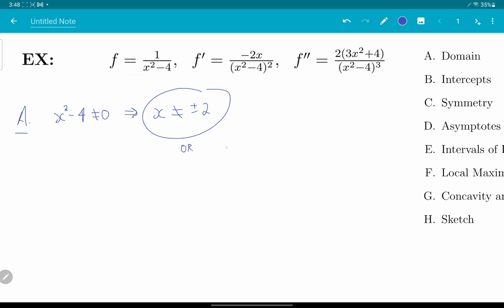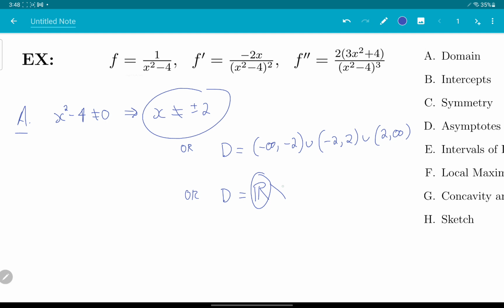Another way would be to use a union notation. So domain is equal to minus infinity to minus 2, union, minus 2 to 2, union, 2 to infinity. Another way would be to say domain is equal to real numbers, and then a little slash, kind of a minus sign for sets.